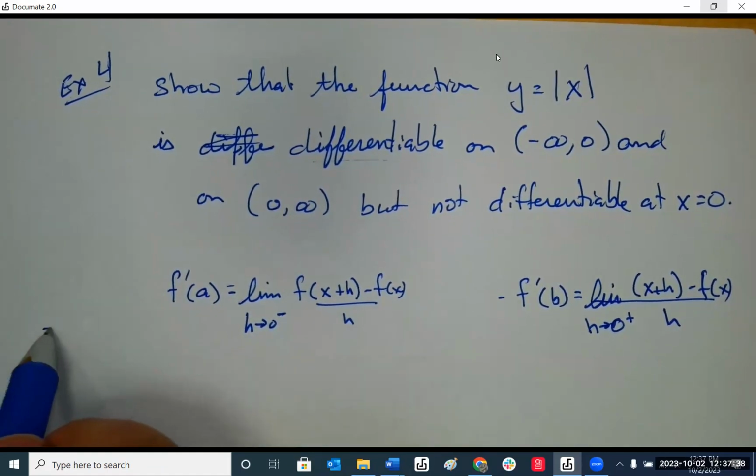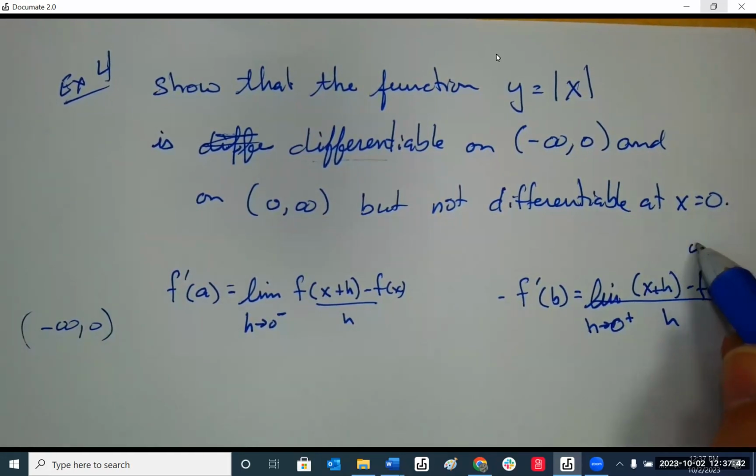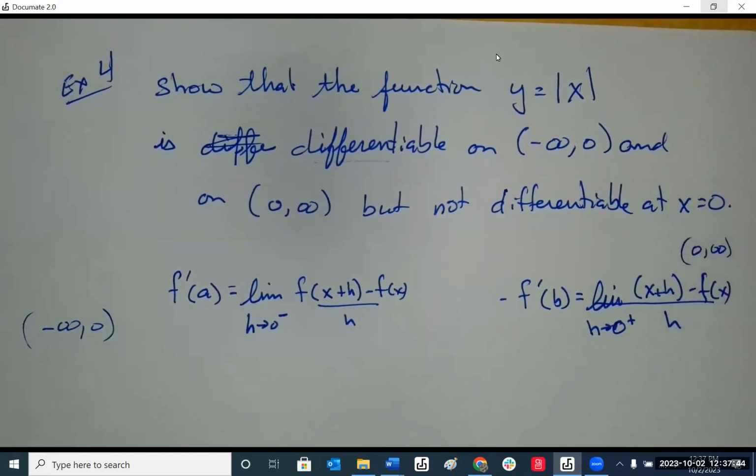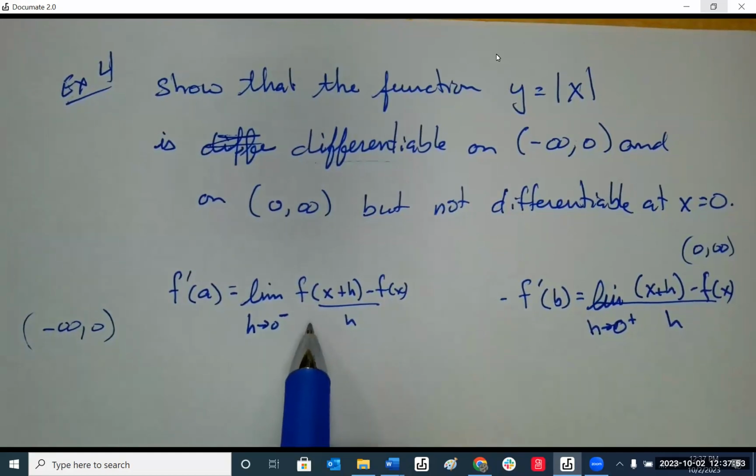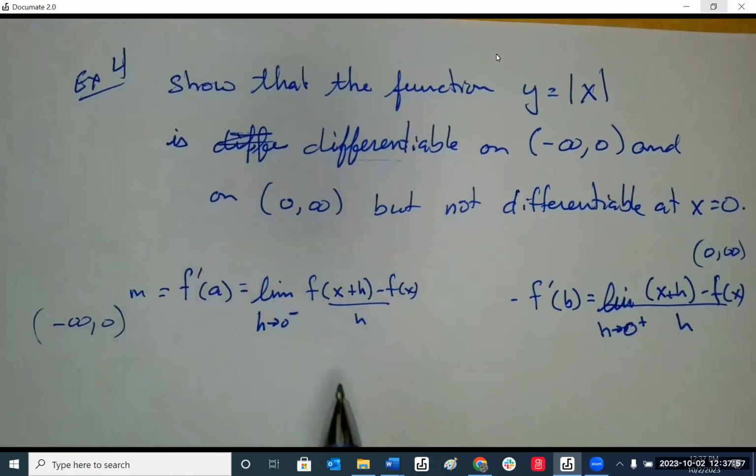Remember, this one's coming in from negative infinity to zero. This one's coming in from zero to positive infinity. So what's the slope? Remember, this finds the slope. What's the slope of the function coming in from the right or from the left?